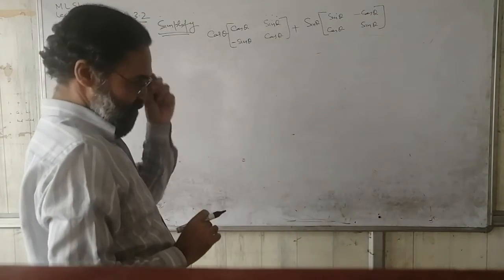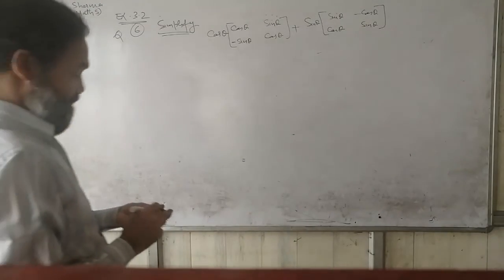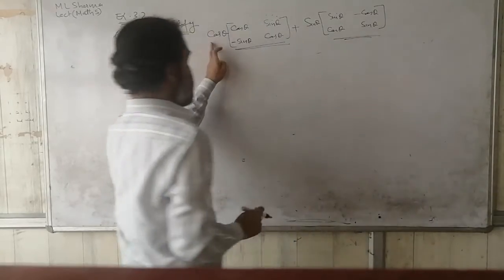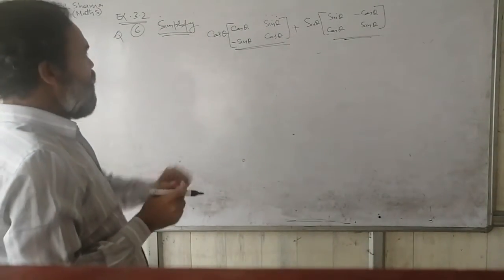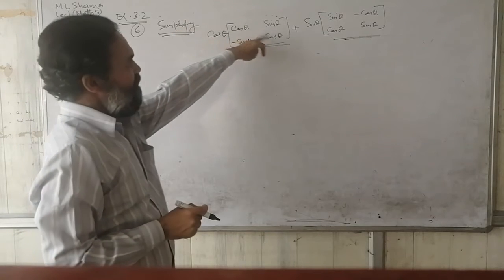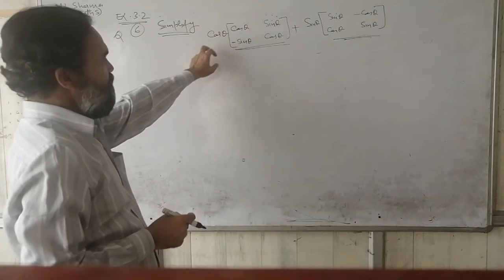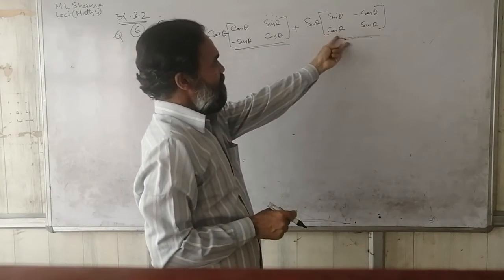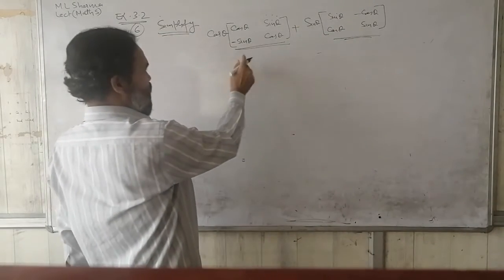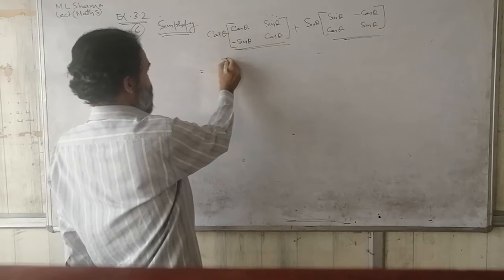Here we have to perform two operations. One is addition and other is scalar multiplication. So first I will multiply the elements of this matrix with cos theta, each element. Then these elements are to be multiplied by sin theta. So then I will add. So this I can write cos theta into cos theta.